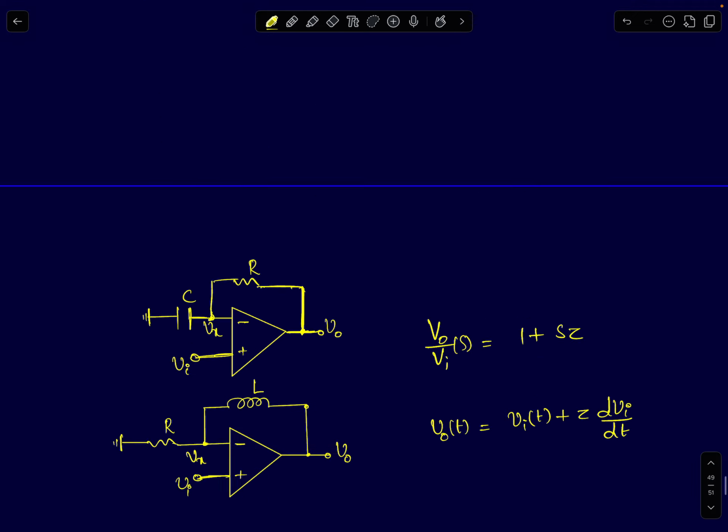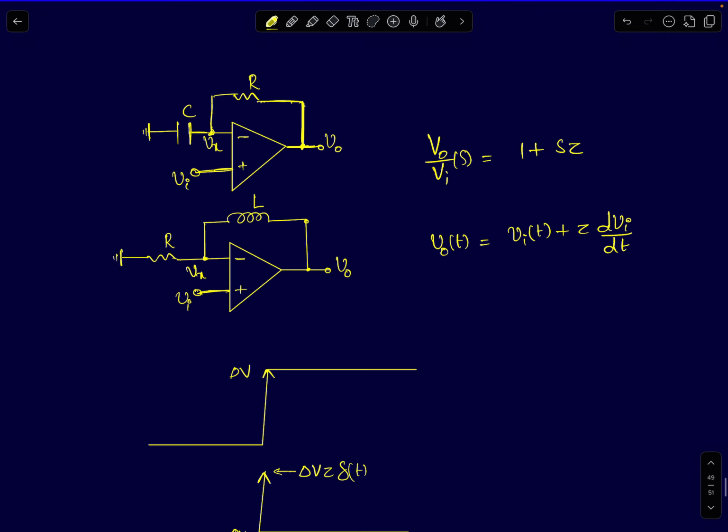And finally, we spoke about non-inverting differentiators, whose transfer function can be expressed in this form, 1 plus s tau, for RL or RC differentiators. In time domain, it can be written as V0 equals Vi plus tau times dVi by dt.